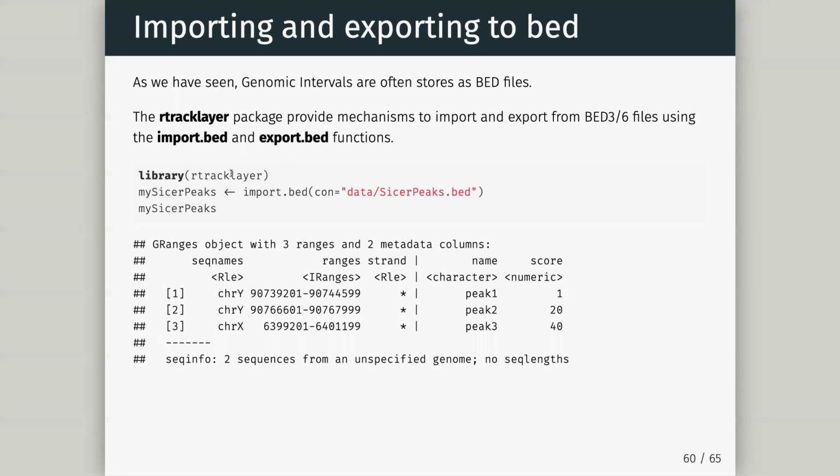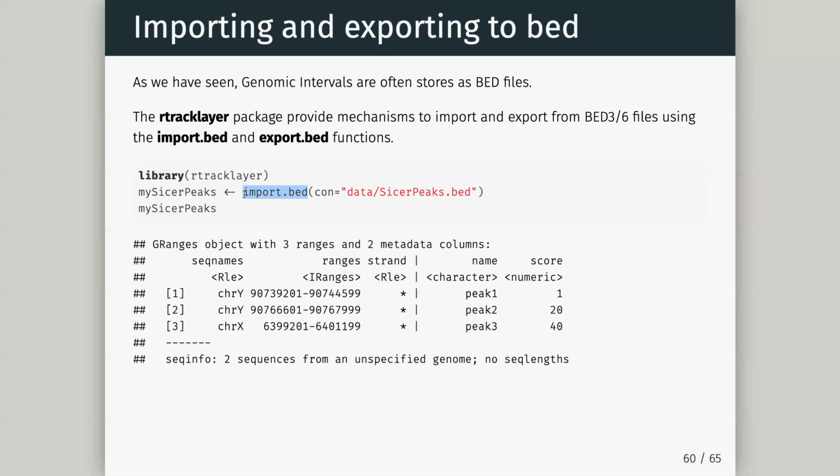One of the first or most common places you're going to get them from is BED files, because lots of software kicks out BED files. BED files are super easy to make in Excel. So here we're going to do library, and we're going to use the rtracklayer package, which I've said is our import/export for genomics data. We can use the import.bed function.